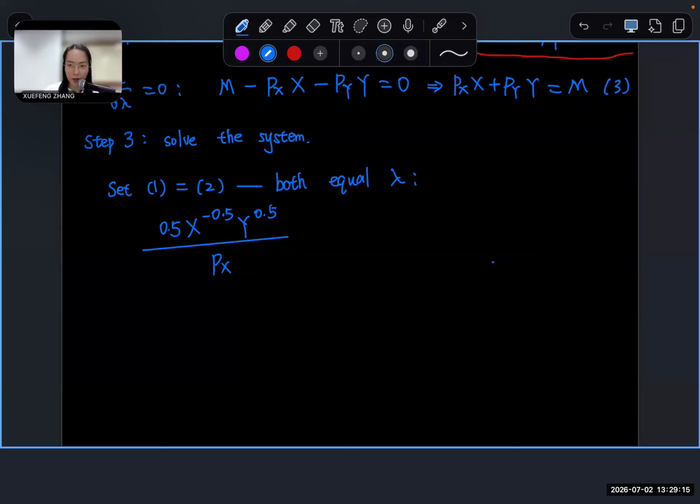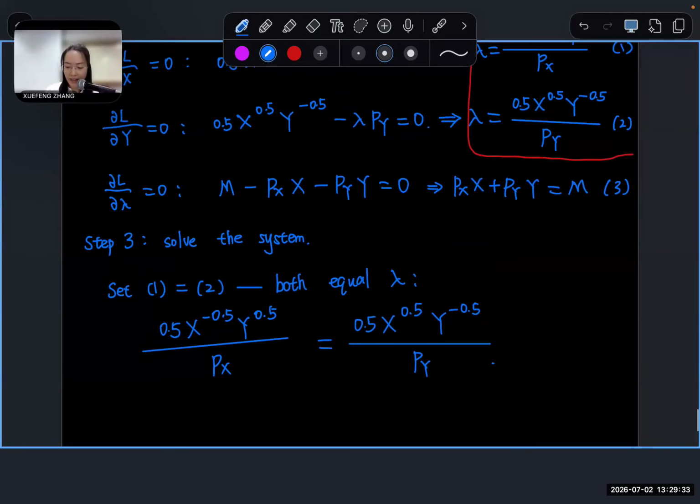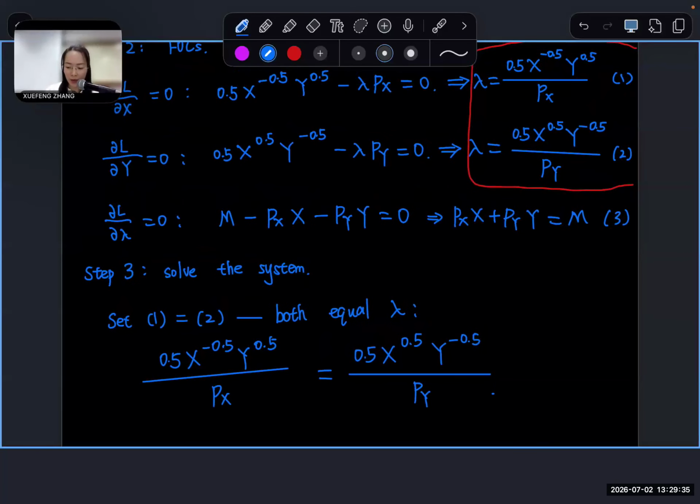Okay, here is equation 1. And equation 2 looks like this: 0.5 times x power 0.5, but y here power negative 0.5, okay, over py, okay? Here I just rewrite equation 1 and equation 2, okay?